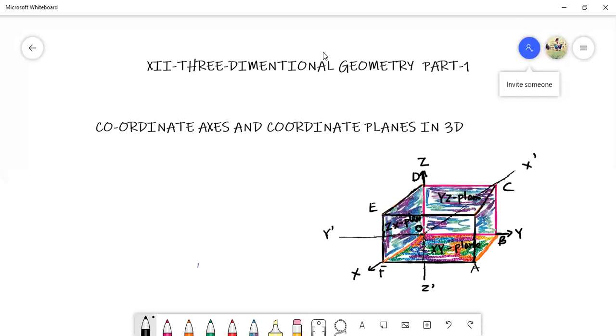Here it is point P. Can you see this one? When you drop the perpendicular on the x-axis, this distance is x. On the y-axis, the distance is y. On the z-axis, the distance is z. So the coordinates of the point P will be x, y, and z.